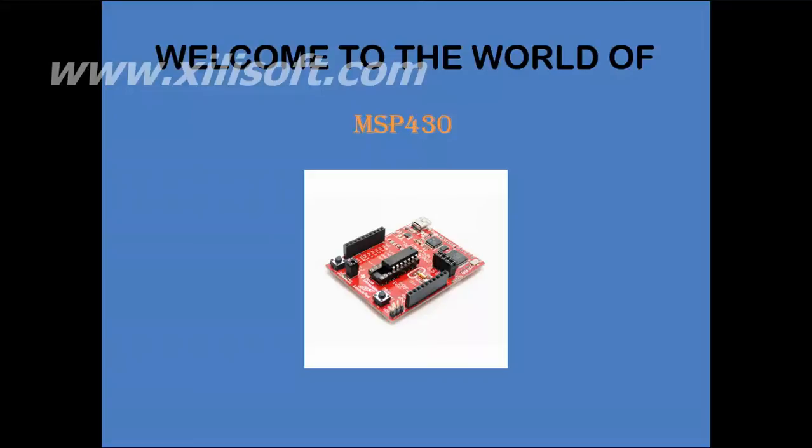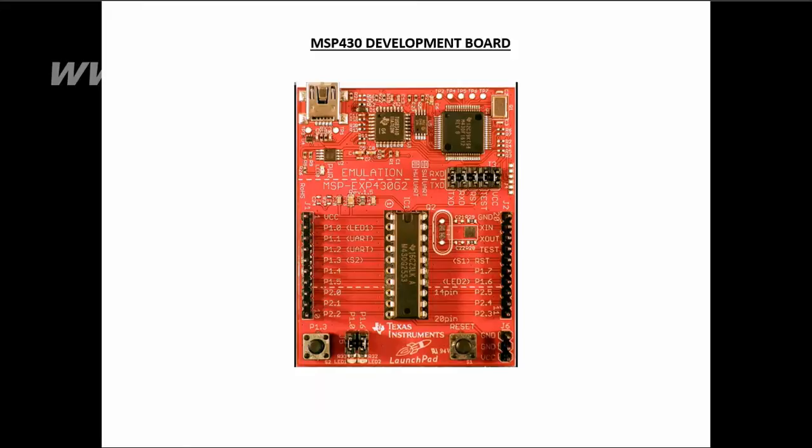So MSP430, where does it fit? Basically, an enormous number of microcontrollers is available. MSP430 is one among them. An MSP430 LaunchPad development board kit looks like this, especially the red board with so many pins and configuration outputs and inputs.